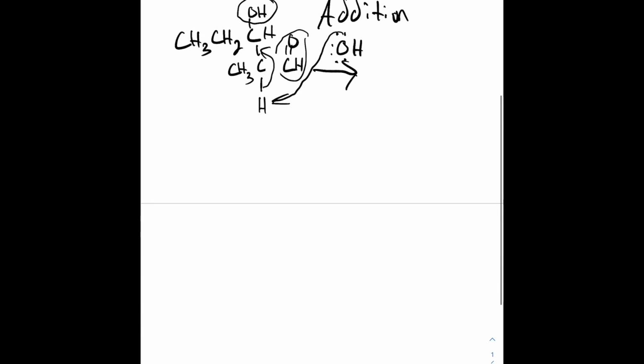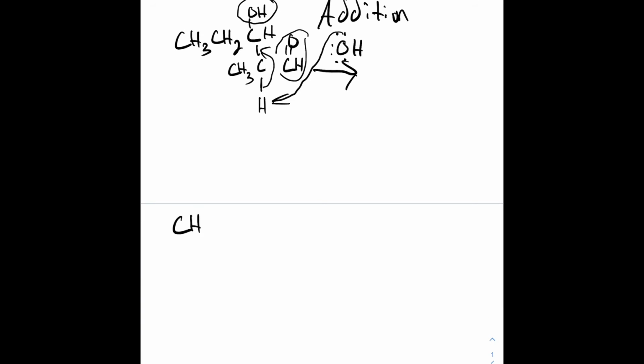This right here is going to have 3 pairs of electrons. One pair of these electrons is going to reach out and grab the hydrogen. When it does this, this pair of electrons here is going to go here to form a double bond.